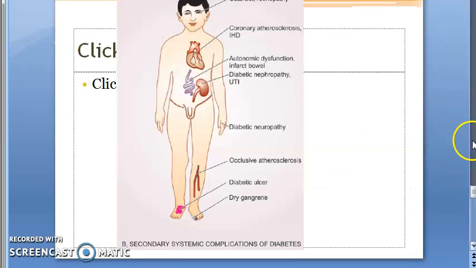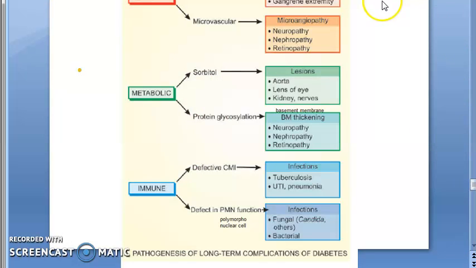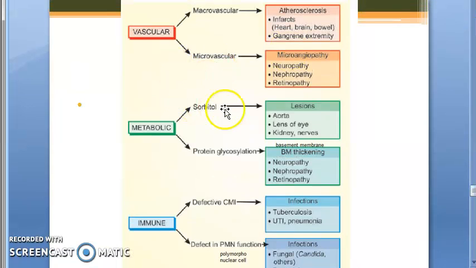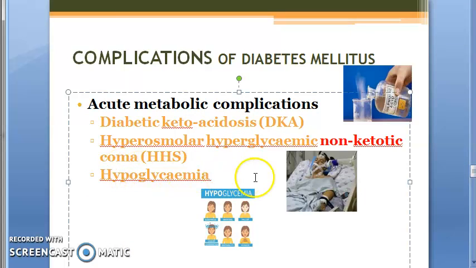Let's go back and look at the pathogenesis which was explained here. Sorbitol will lead to lesions in the aorta, lens of the eyes, kidney, nerve, and basement membrane thickening due to the deposit of glycosylated protein, etc. Hypoglycemia will occur because of excess insulin administration.